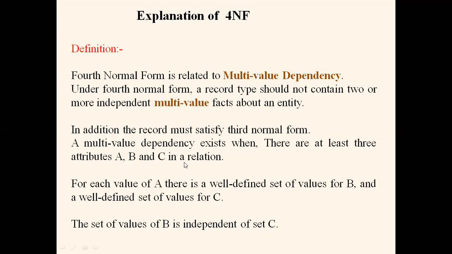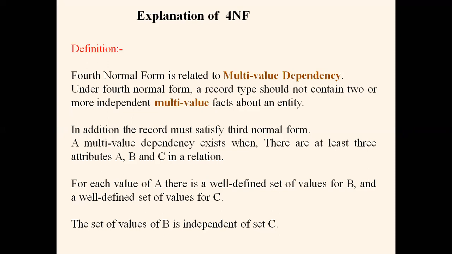If we have A, B, C, D, while A, B, and C are in close relation, then for each value of A, there is a well-defined set of values for B and a well-defined set of values also in C.